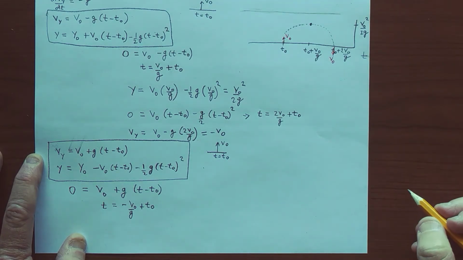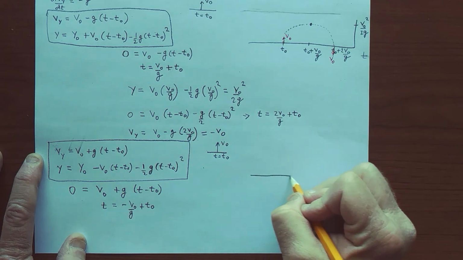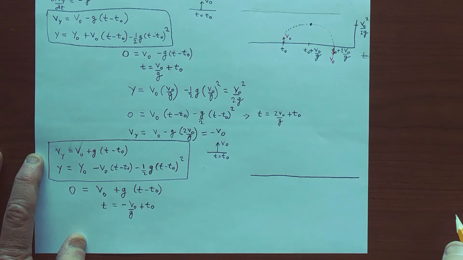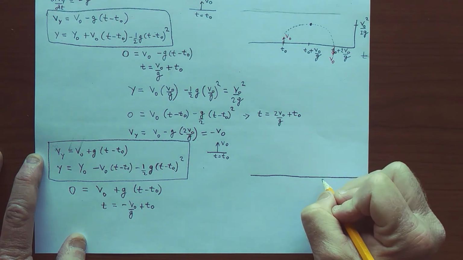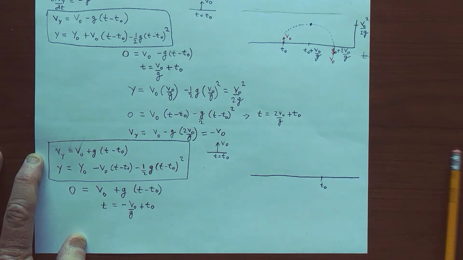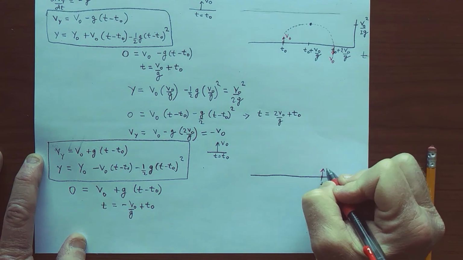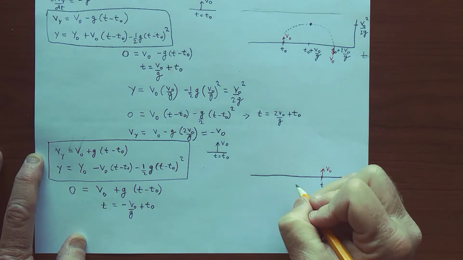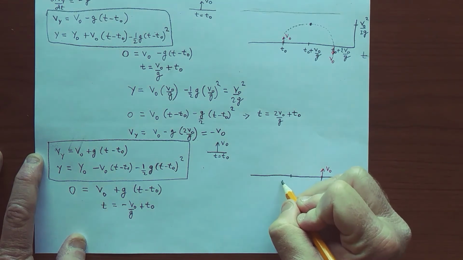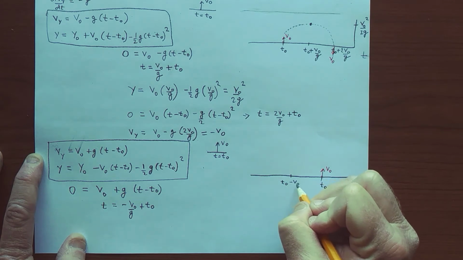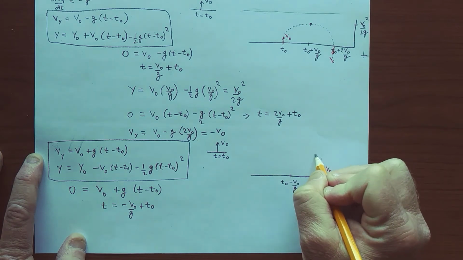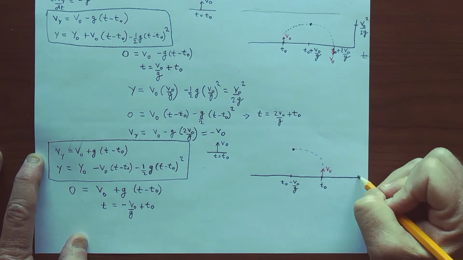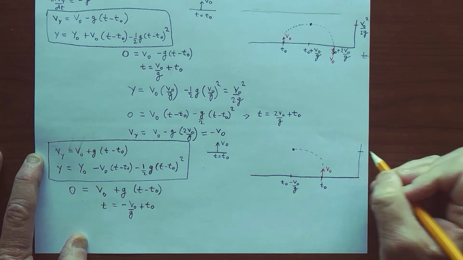So if this is T naught, we launch the object up at T naught with speed V naught, and at T naught minus V naught over G, this object reaches a height which should be the same as before.